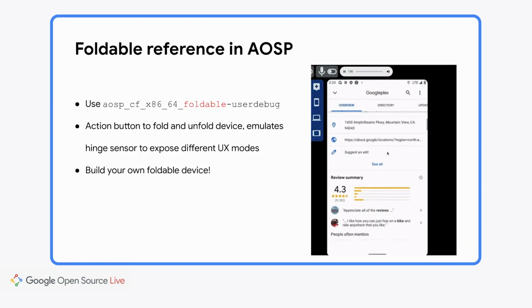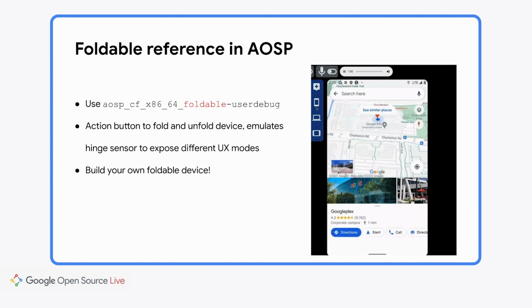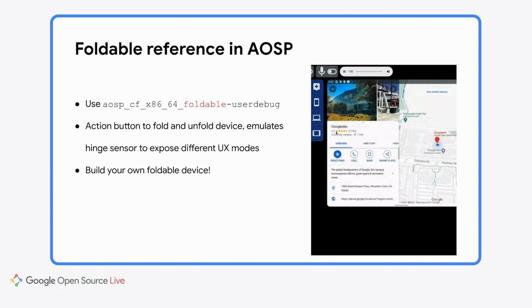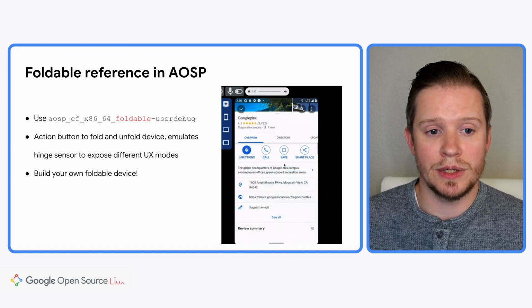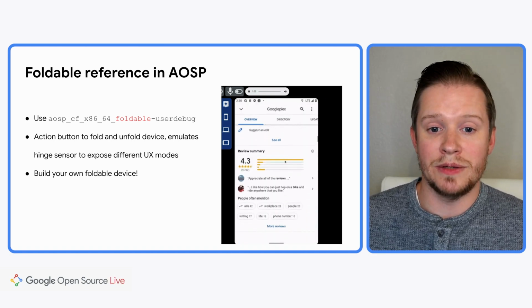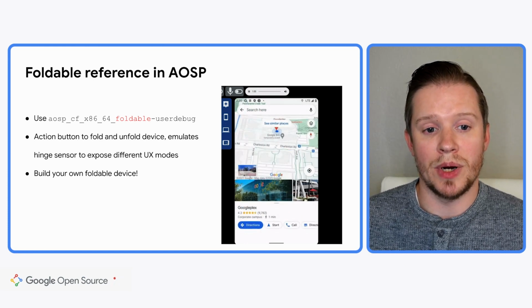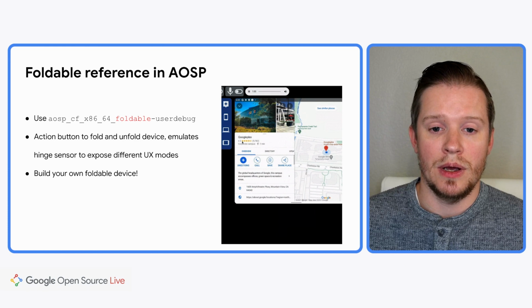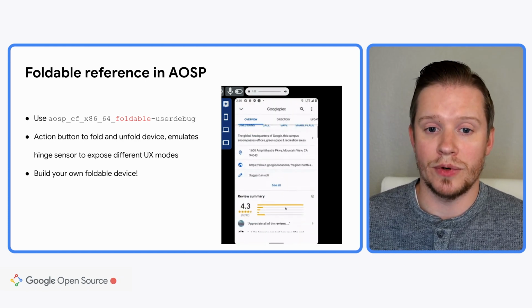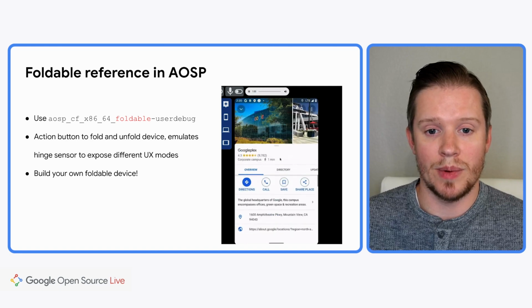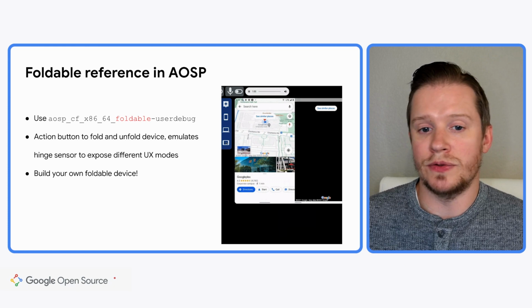For the foldable experience in AOSP, as I mentioned, you can use this AOSP CF-x86-64 foldable userdebug target to set up your launch environment to start your build process. And then one of the main differences you'll see when you access the user interface on Cuttlefish, which is based on WebRTC and can be accessed through your localhost machine on port 8443, is that you'll see these new buttons, these blue buttons that you can see in this GIF on the left-hand side.